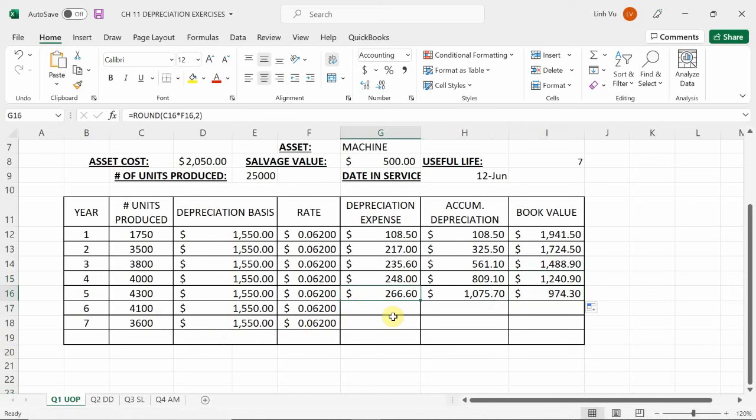So in this case, what is going to be my depreciation expense if this time I only produce 4,100 units? $254.20.